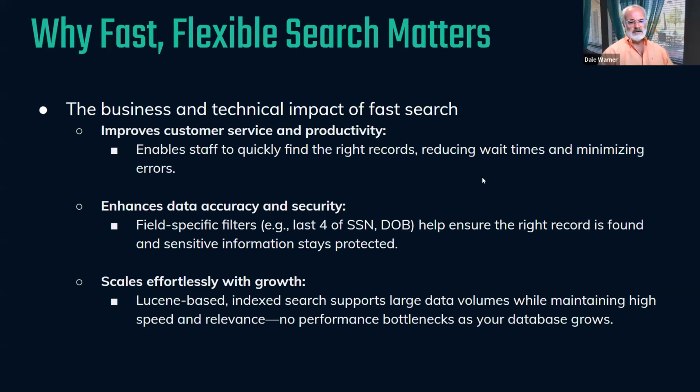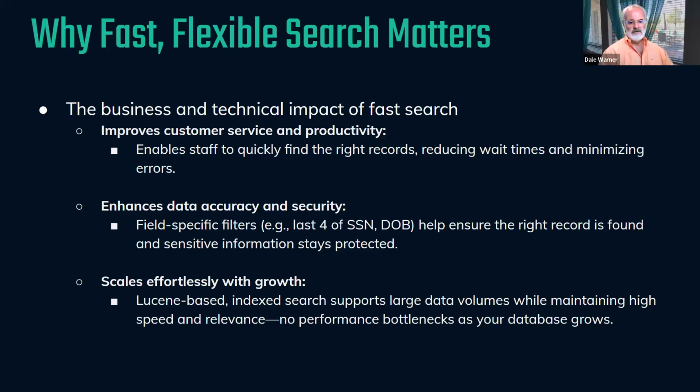So why does it matter? Well, you want good responsiveness, right? You want to have a good fast search. If your staff has the ability to quickly find the right records and don't have to wait around a long time to find it, that's just efficiency for them. You can add accuracy and security.